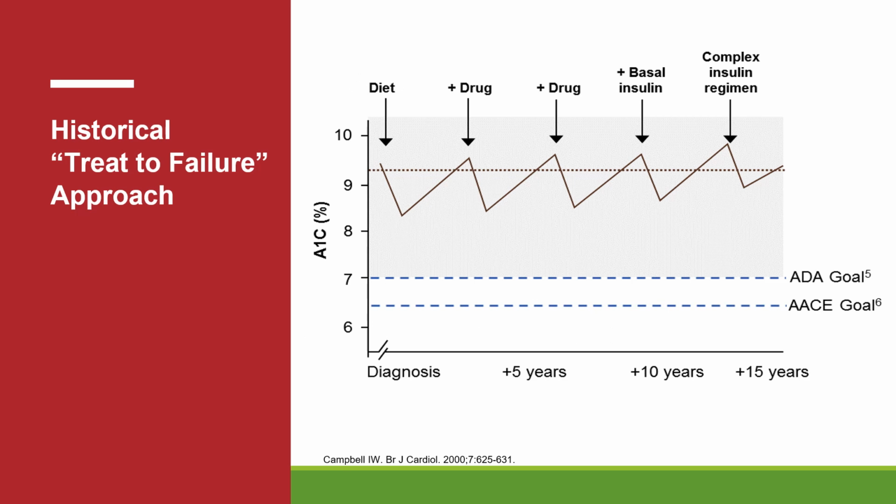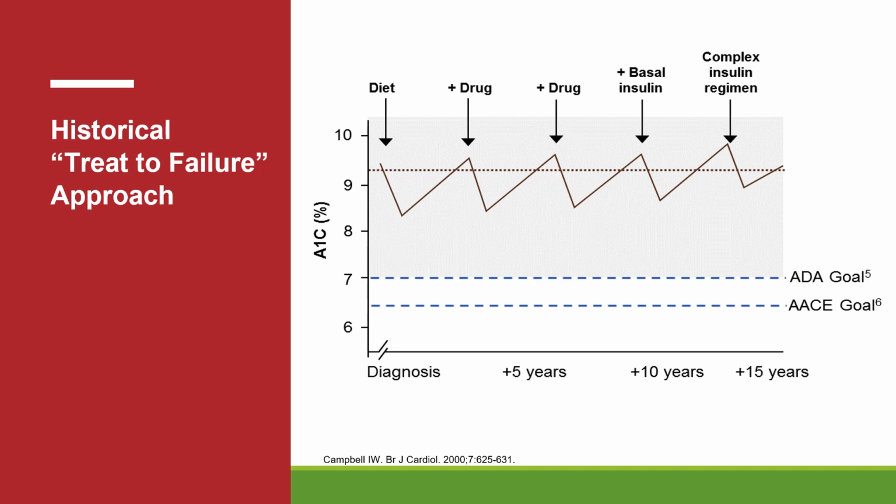This is just a reminder going back to the initial program that we did around overall diabetes management, and to use CGM as yet another tool to change how we manage diabetes from the treat to fail approach, where we never get down to that legacy effect, never getting down to the therapeutic goal.